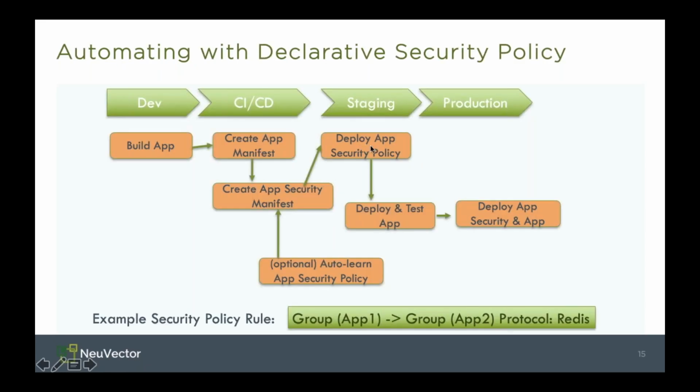So you're able to deploy the app security policy before you deploy the test app. And optionally, you can use NeuVector to auto-learn the security policy, and that can help your developers and your DevOps teams to know how to create the app security policy. And then, of course, once that all is tested in staging, you can deploy to production.